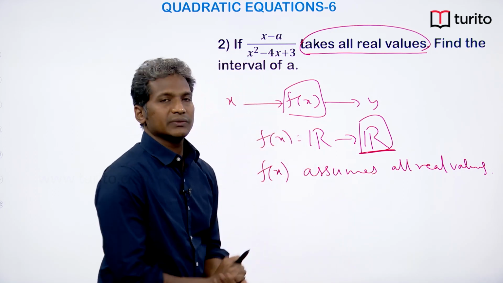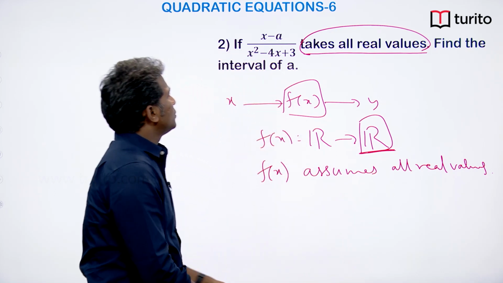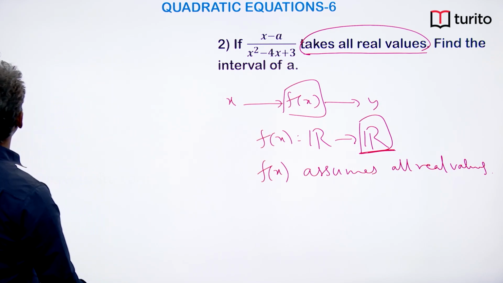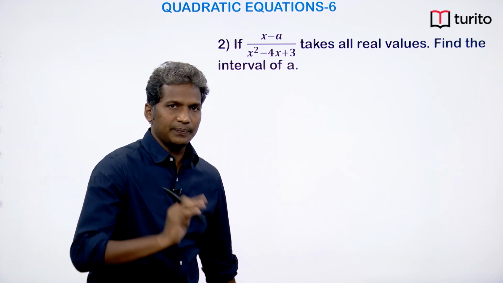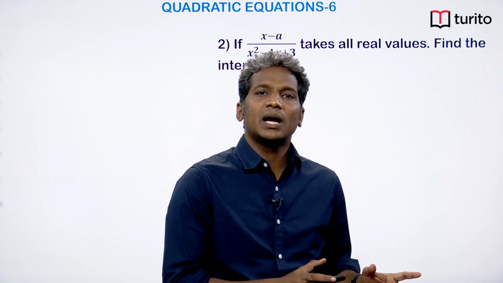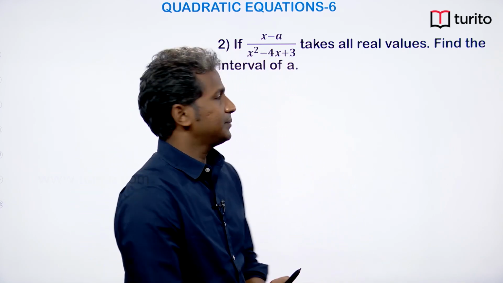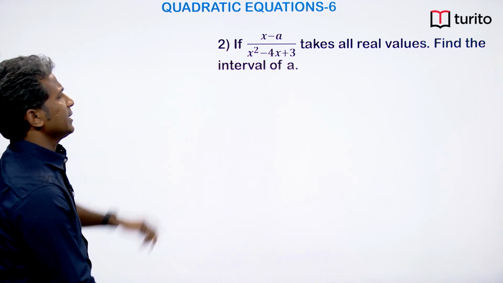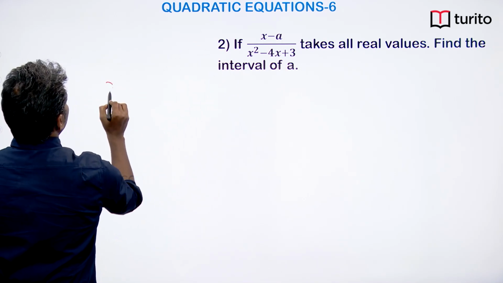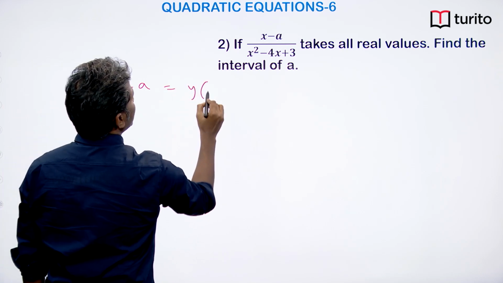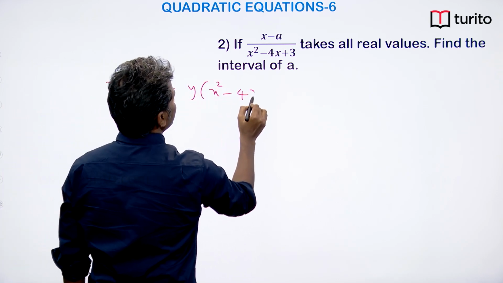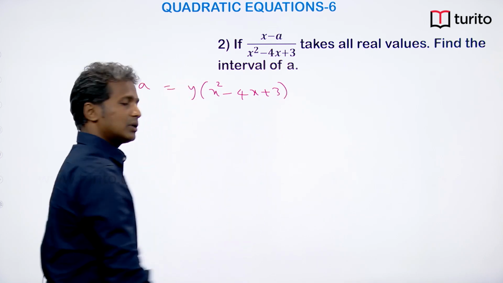Now, let us attack this question. To solve this question, what is our method? The method is going to be the same. Equate this to y and apply the same method and see what happens later. So suppose I equate this to y. Then x minus a equals y into x square minus 4x plus 3, this is what we got.